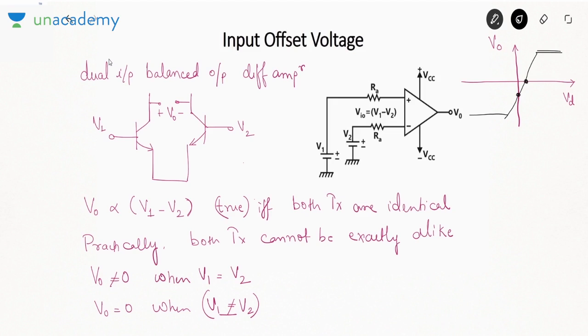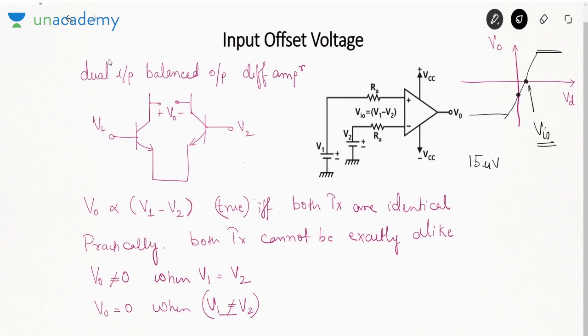And what does the x-axis intercept say? The input voltage required to make output 0. So in that way, what is the input offset voltage? It is the input difference voltage required to make output voltage 0. So this x-axis intercept is called VIO, input offset voltage. Why is input offset voltage coming? It is coming because both transistors are not identical.